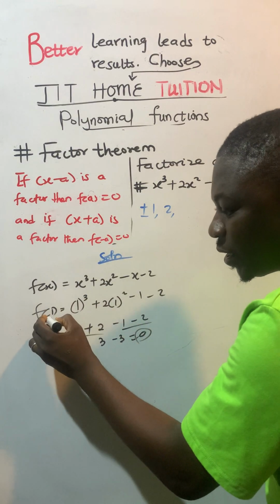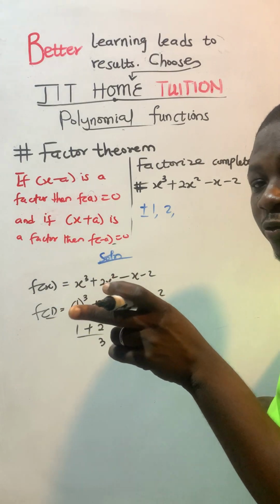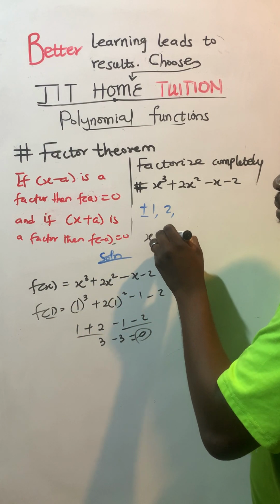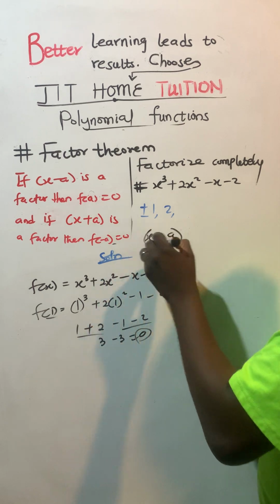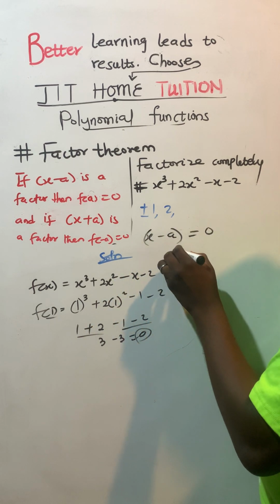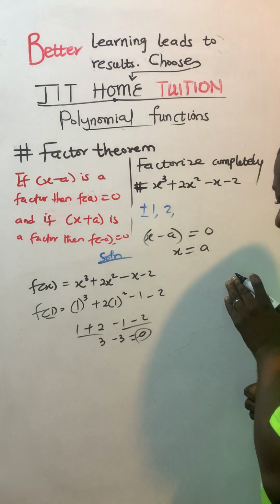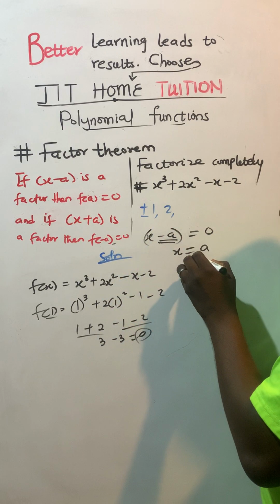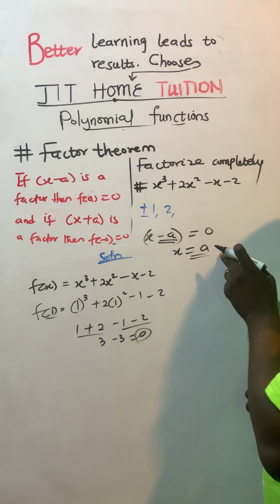If you remember when we were doing the remainder theorem, when you have a factor like x minus a, it becomes equal to 0, then x is equal to a. Originally it was negative, but when you cross the equal to sign, it became positive.